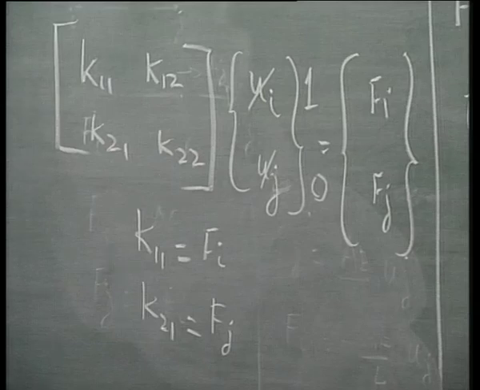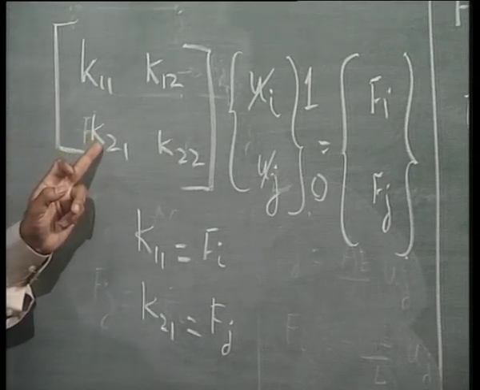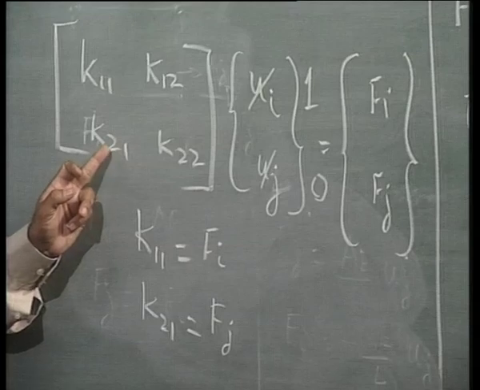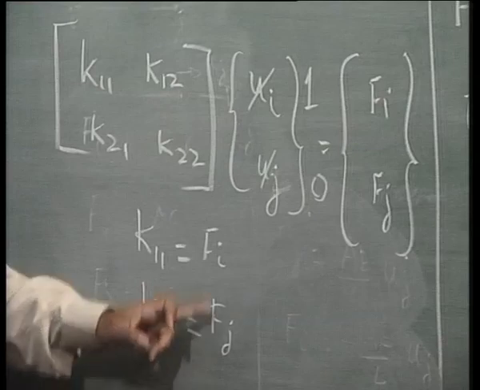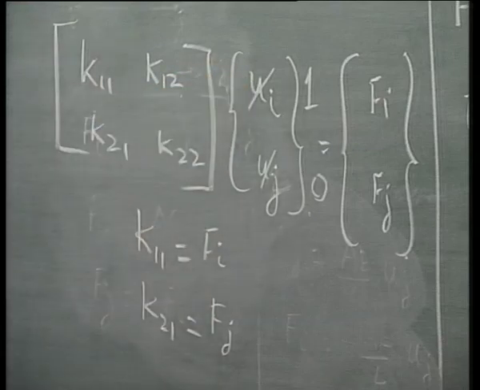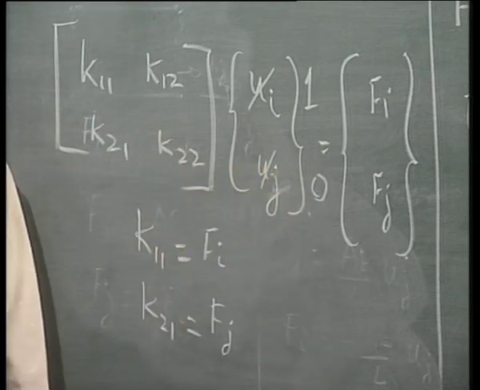And K21 is the force that is required to be applied at j in order to have a unit displacement at i and 0 displacement at j.